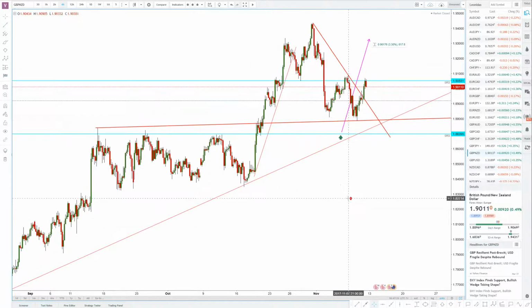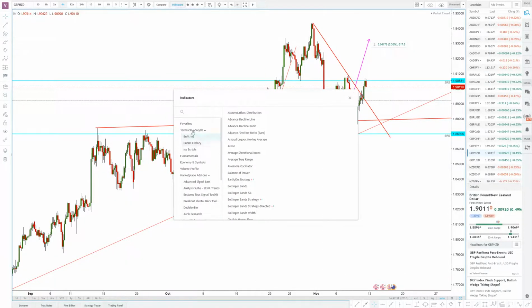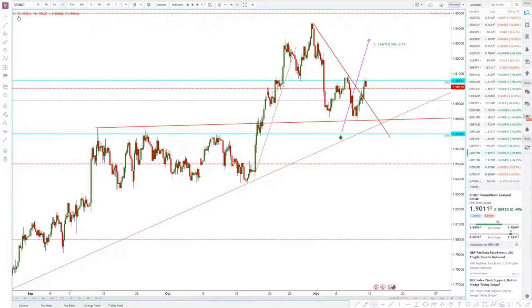Trying to find confluence. By the way, I need to add bank levels to these charts, like this. Did it add? There we go. Yeah, here's the bank levels. Nice.